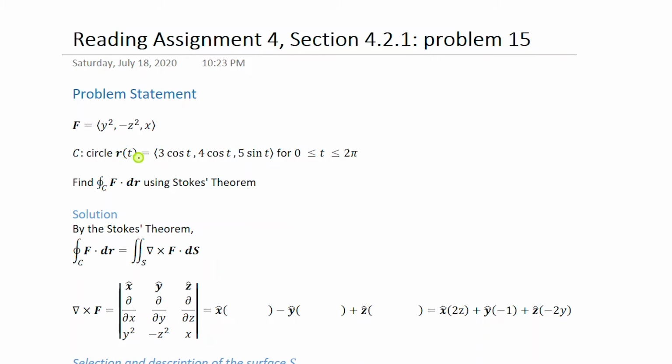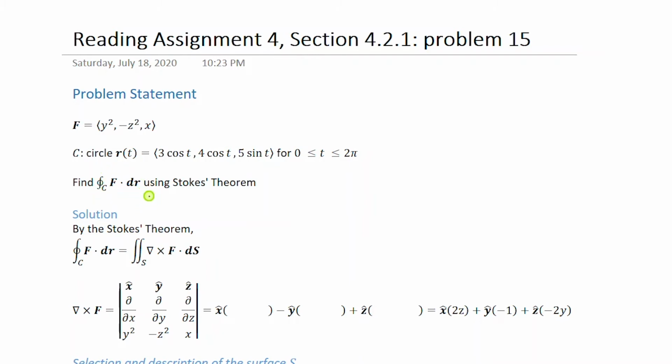So you have the position vector as a function of t is 3 cosine t, 4 cosine t, 5 sine t, with t going between 0 and 2 pi. And then the question says, find the contour integral of this vector field over the circle C using the Stokes theorem. So the question is actually very specific on how you're supposed to find this integral.